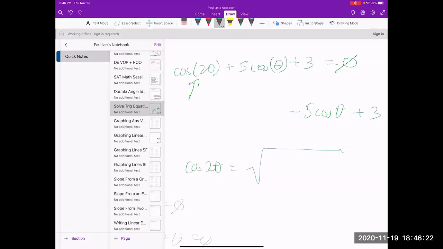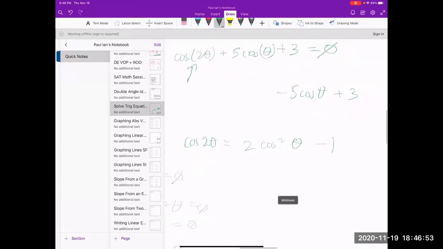For cosine 2 theta, it's going to be 2 cosine squared theta minus 1. So where am I in this one? Oh, that is the one. Okay, double angle: 2 cosine squared minus 1.